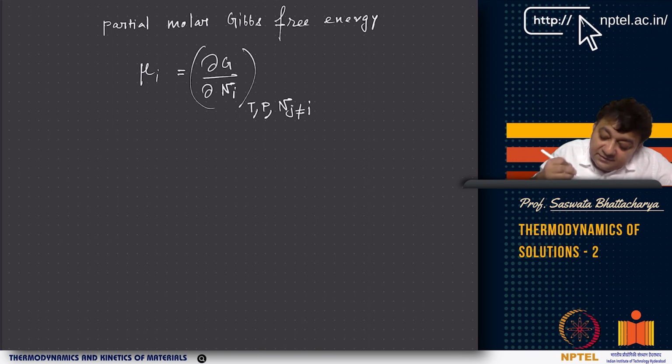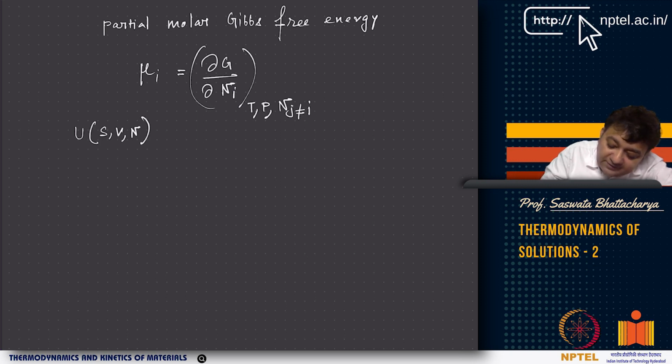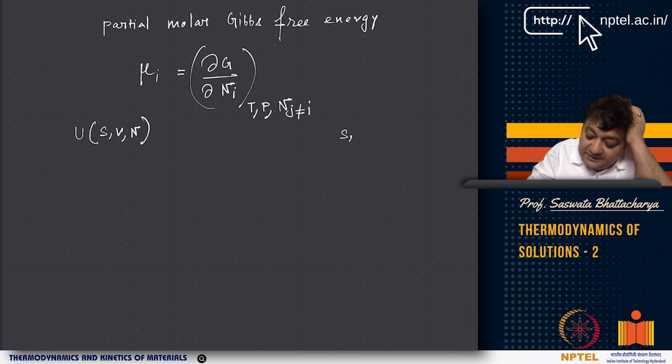Now, as you know, we had these terms like U, S, V, N. We had energy as a function of S, V, N. And as you know, S and T are conjugate, V and P are conjugate, N and mu are conjugate.